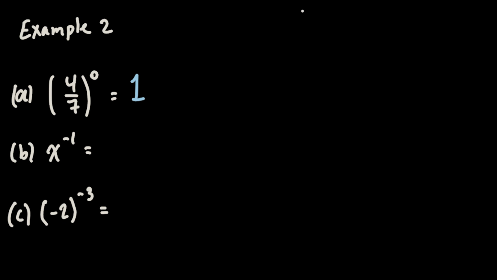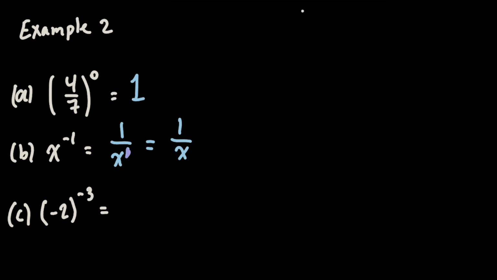Part B says x to the power minus 1. So we can rewrite it from property number 2 as 1 over x to the power 1. And we can write this as 1 over x. Any number to the power 1 is itself, so we can just remove the 1 here.